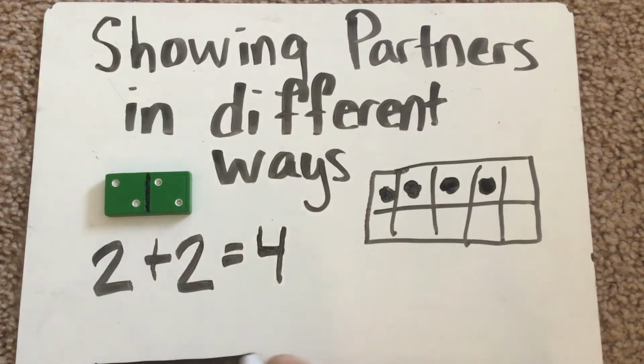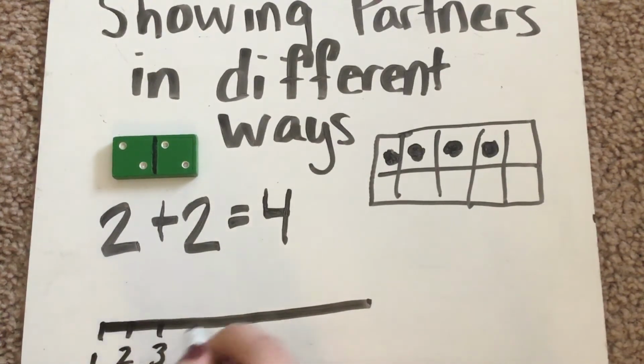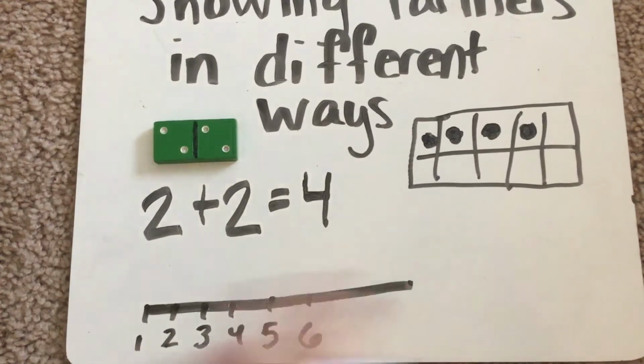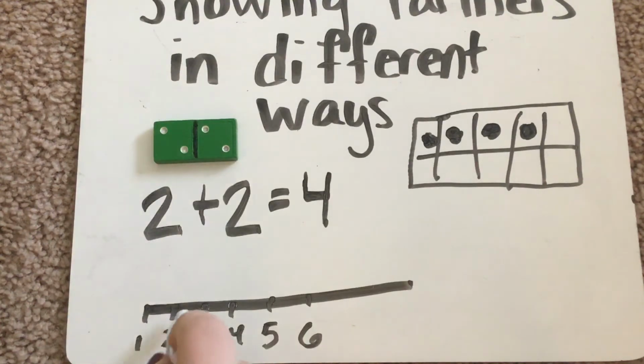So I'm going to draw a number line down here. And I'm just going to make a few numbers on here. Remember, the numbers have to go in order. Just a small number line. There we go. So for the number line, we're going to start with the very first number. Our first number is 2. Let's circle the number 2.